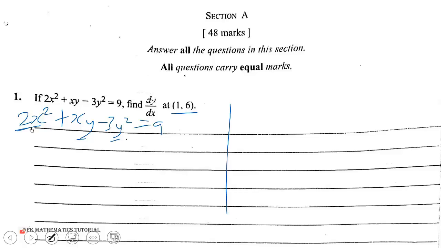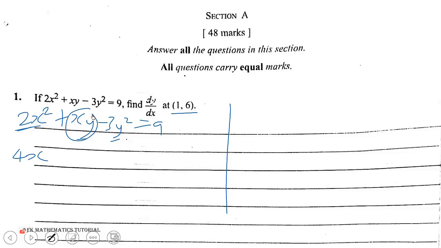So let's begin with the 2x squared. When you differentiate 2x squared, since there's no y there, we get 4x. But when we differentiate the xy term, this is a product.